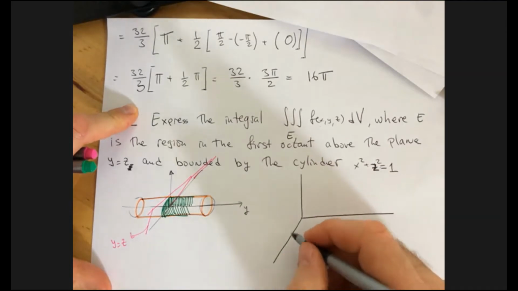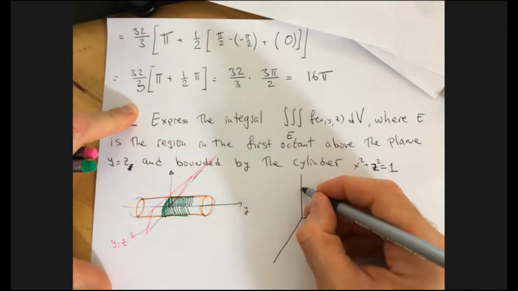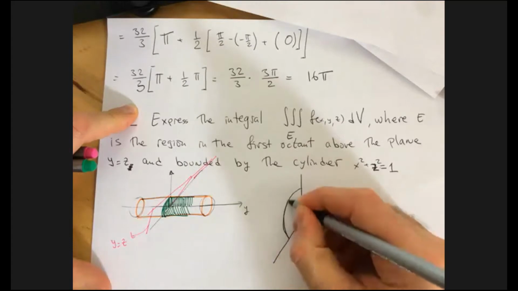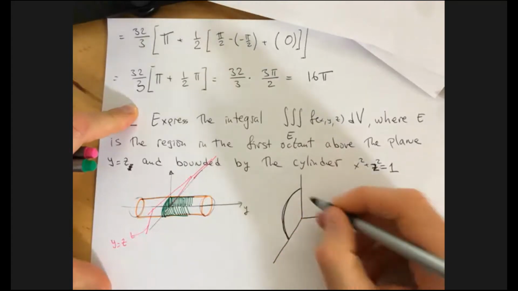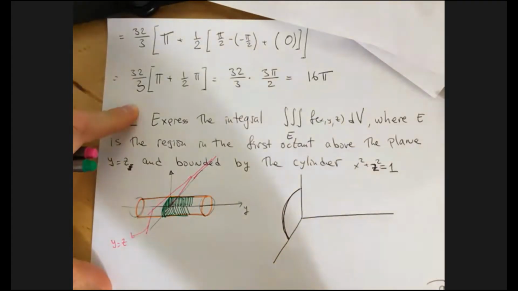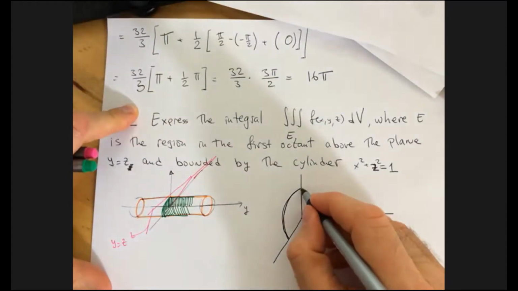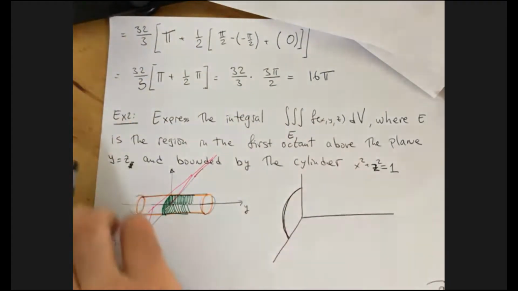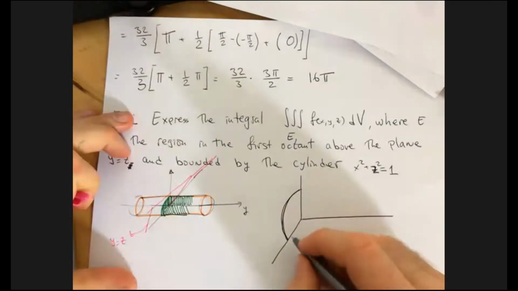Okay, so what do I have? I have the cylinder here, right? It's going to be a quarter of a circle. Okay, and then I have this plane that cuts through it, right?